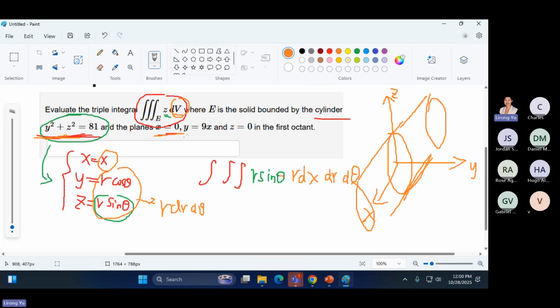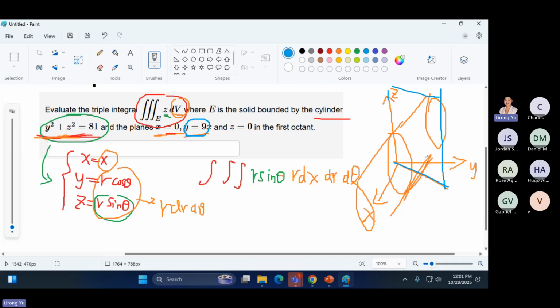And then the plane x equal to 0 represents the yz plane. And then y equal to 9x is a line inside the xy plane, which will represent a line like this, but as a surface, it will be a plane this way.